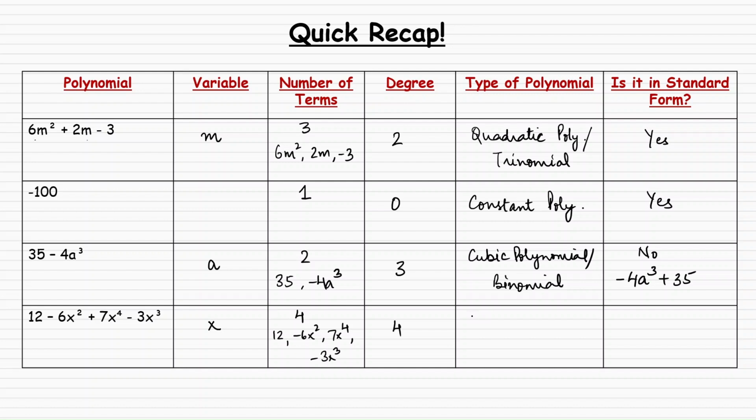It's a 4-term polynomial and 4-degree polynomial, and sometimes it's called a quartic polynomial. Is it in a standard form? No. So let's write it in the standard form. 7x4, the highest exponent term first, followed by negative 3x cube, then x square term, and in the last we have the constant. So I hope this made polynomial basics easy to understand.